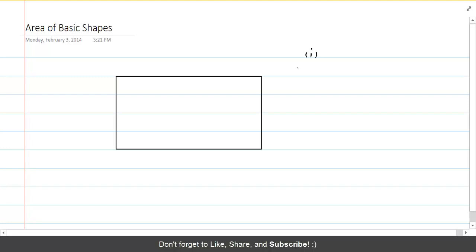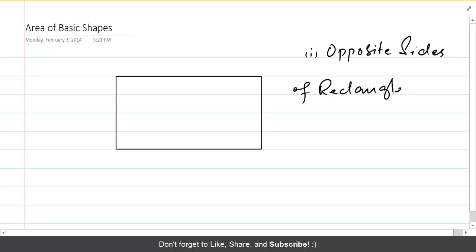opposite sides of a rectangle are equal in length.